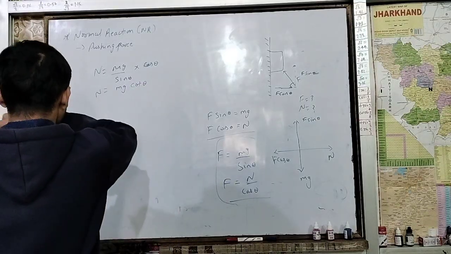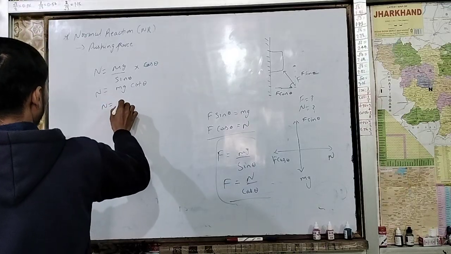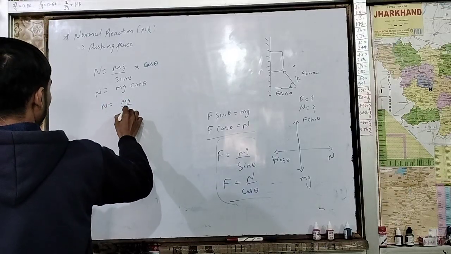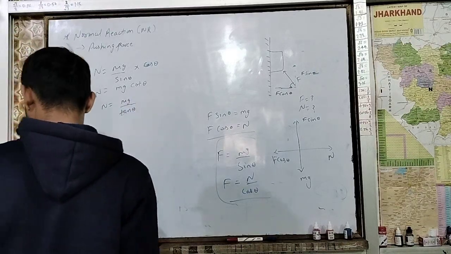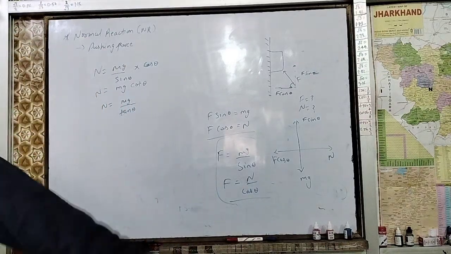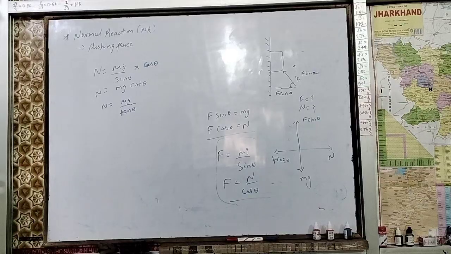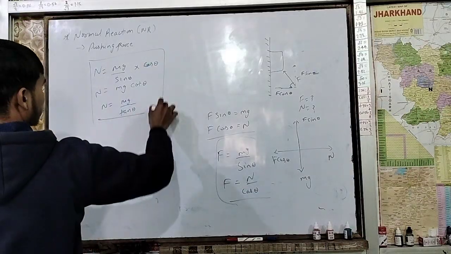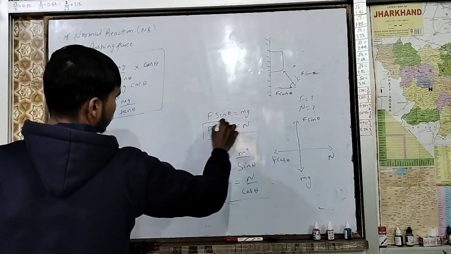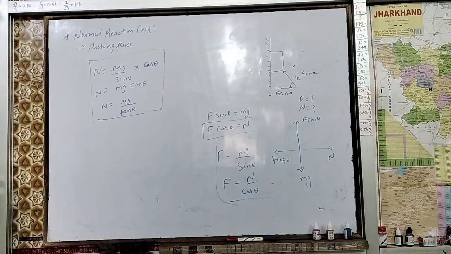So can you write this N equal to mg upon tan theta? Yes, it can be written. Clear? This will be another value of N. That is how you will bring it.